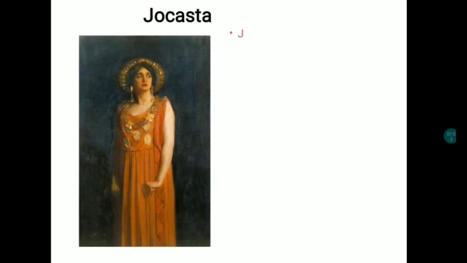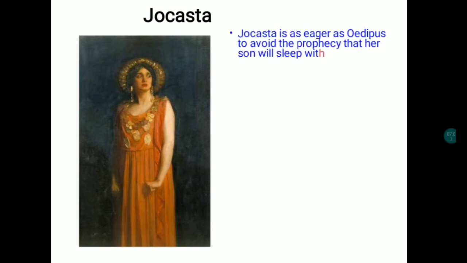Jocasta's character is very interesting. She is at the same time the mother of Oedipus, and at the same time the wife of Oedipus. So the relationship between Jocasta and Oedipus gives a critical term in our literary theory, especially used by Sigmund Freud, and the term was unconscious also by Jacques Lacan.